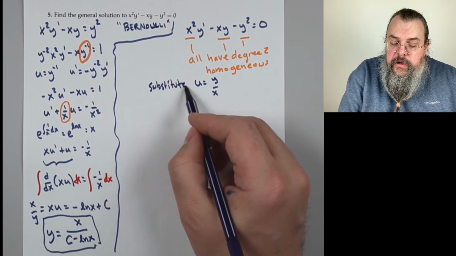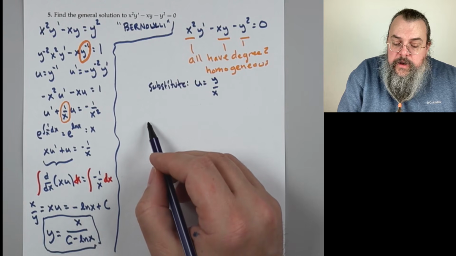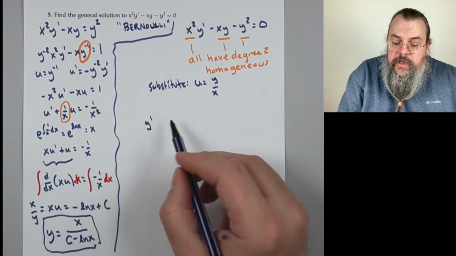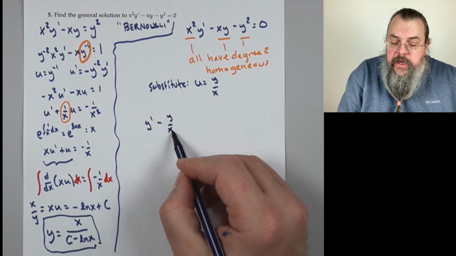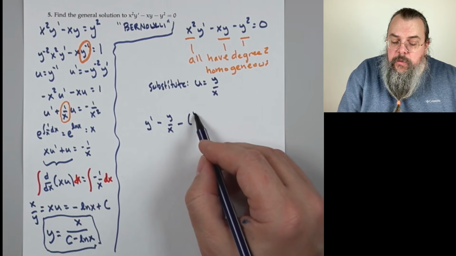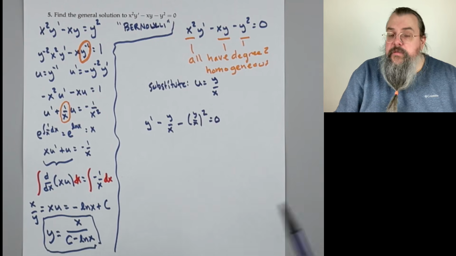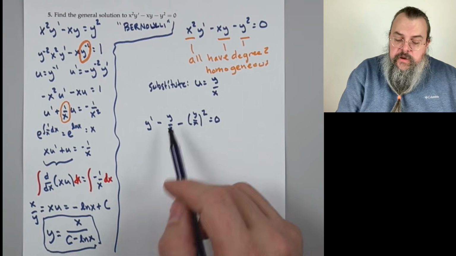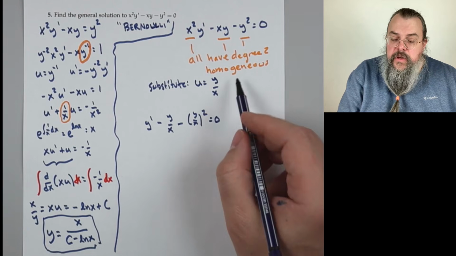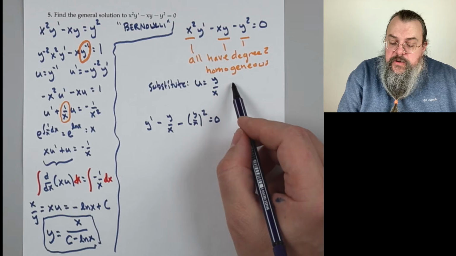Well, we're going to have y prime minus y over x minus (y over x) squared equals 0. So that's if you divide through by x squared. See how everything looks like y over x. Now, remember, that's our substitution.